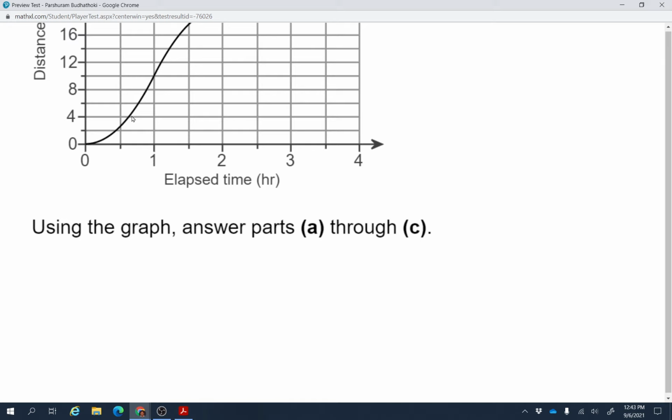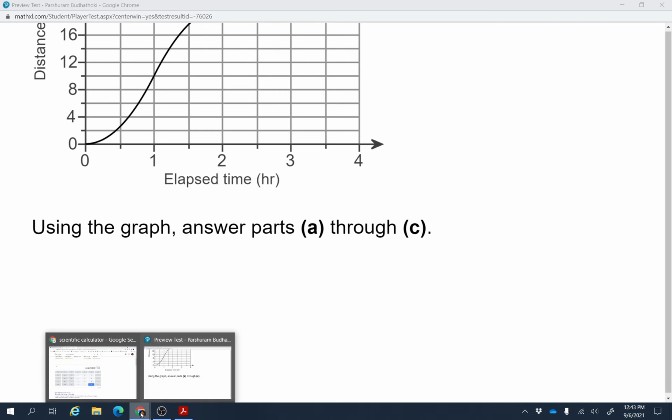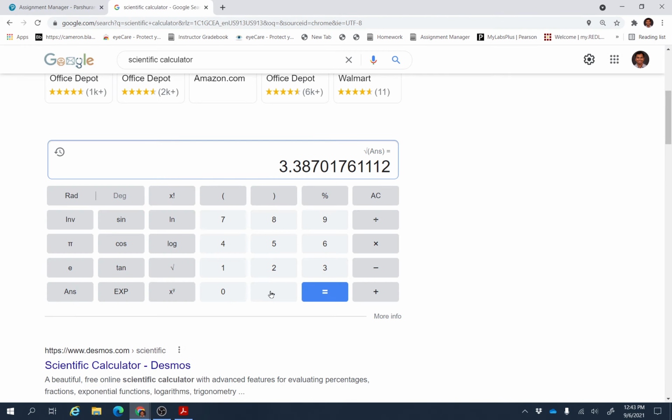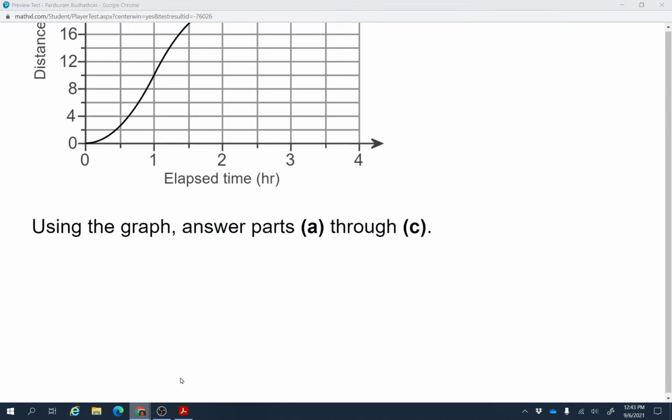So as you can see, if I draw a line here, the rise is 4 divided by more than 0.5, so maybe 0.6. That's just an approximation value, or maybe it's 0.7, I don't know. So just focus on the graph we have been given.